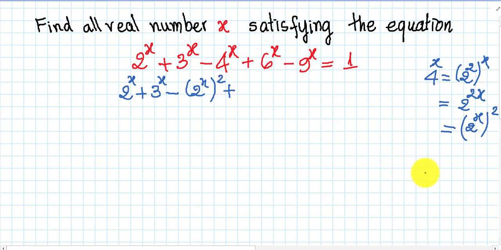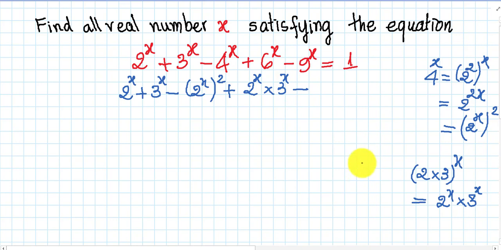I can write (2 times 3) all power x, equal 2 power x times 3 power x, and we can write 2 power x times 3 power x minus 9 power x.